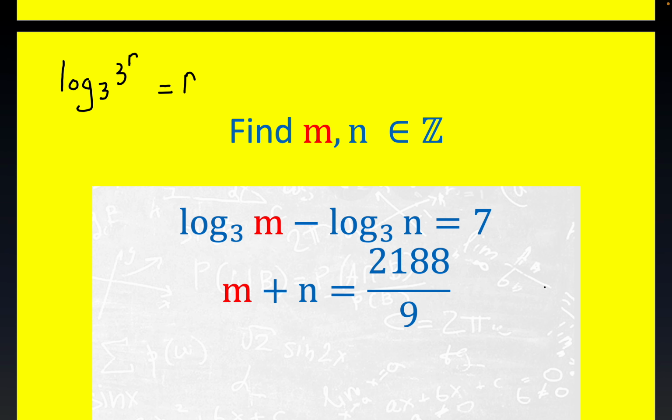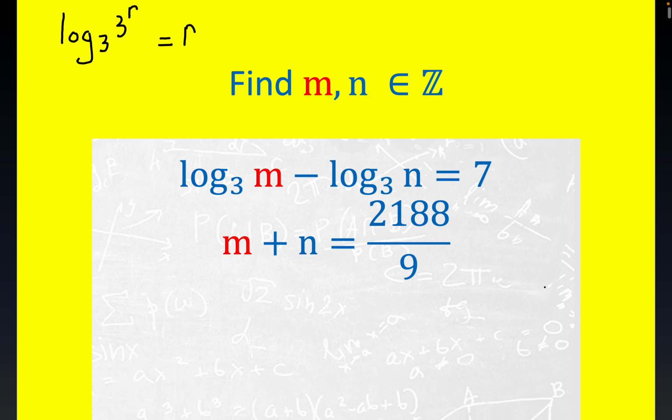Okay, now, so notice that we can rewrite this as 2187 over 9. And hopefully the motivation is fairly self-evident here.